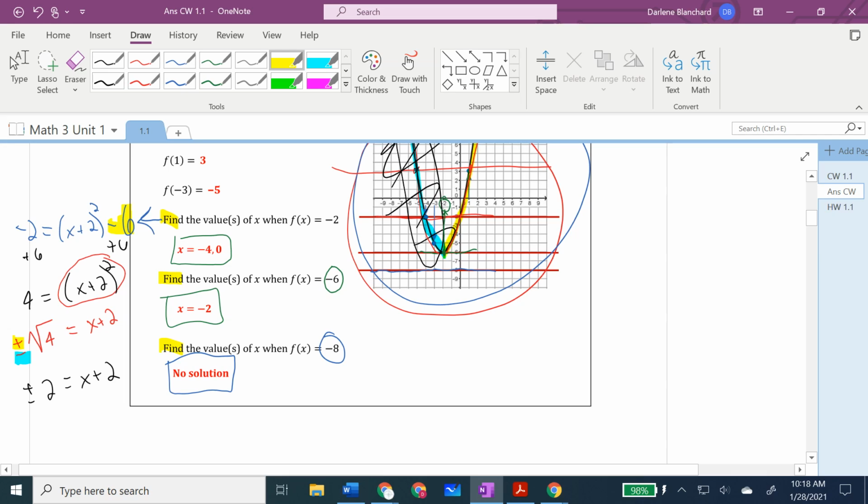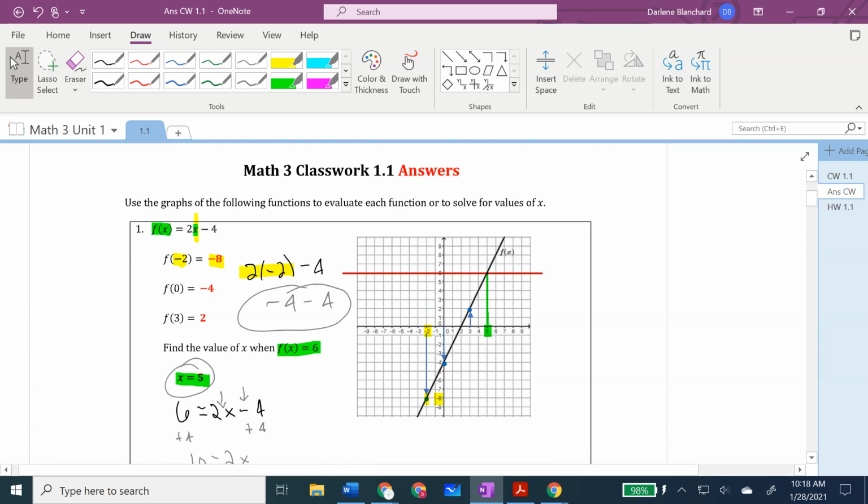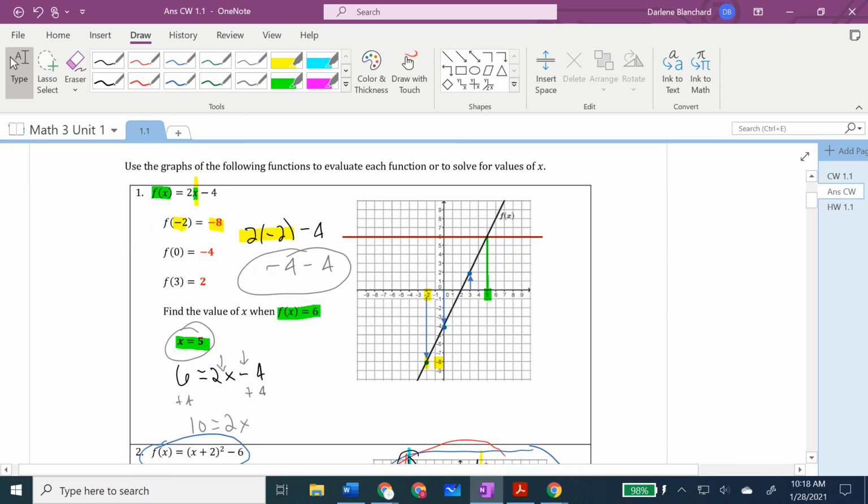There might be more than one answer that you're dealing with. If the line passes both vertical and horizontal line tests, that means there's only one output for every input and one input for every output. And that makes it easier to work with.